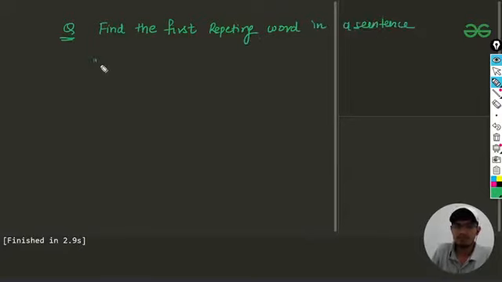For example, let me take an example: Ravi is the best, and he is also good in maths or something like that.